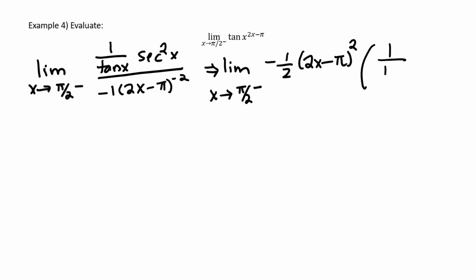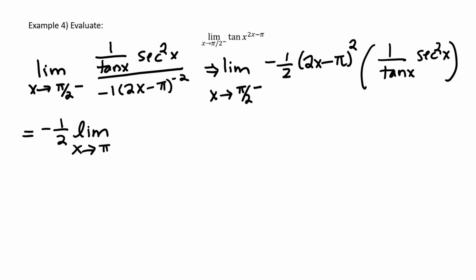So I will have 1 over tangent x times secant squared x. That makes simplifying a little bit easier. Continuing, let's factor out the constant 1/2. So we have minus 1/2 times the limit as x approaches pi over 2 from the left. And we still have the 2x minus pi squared.